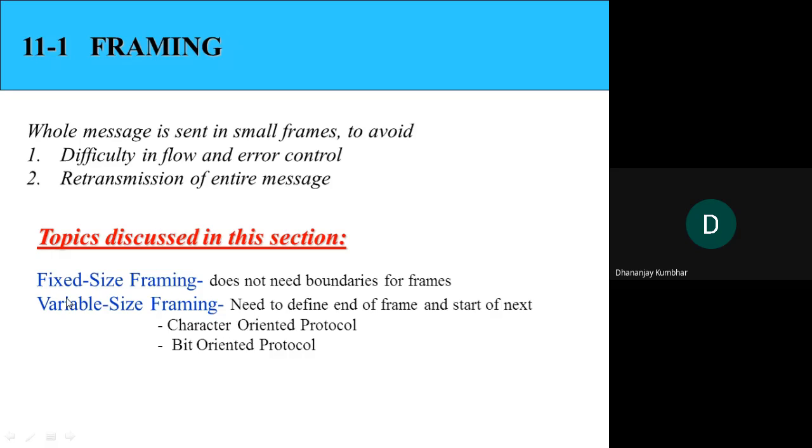If a small message comes which is less than our fixed frame size, we unnecessarily have to stuff the frame with garbage data, because we cannot send an empty frame. For example, if our message length is 10, but the frame designed for fixed framing is 40, then unnecessarily we have to fill those bits with dummy data, and then proceed with that frame.